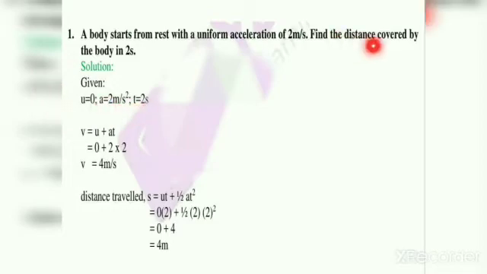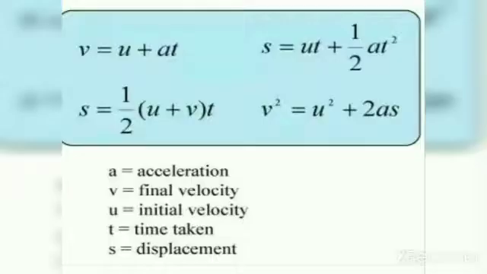To find the distance covered, you can use two formulas: one is s = ut + half at square, and the other is v square = u square + 2as. If you use the first formula, you can directly find the answer.